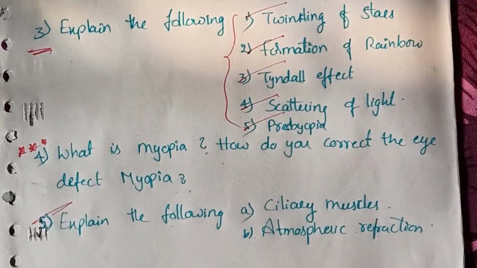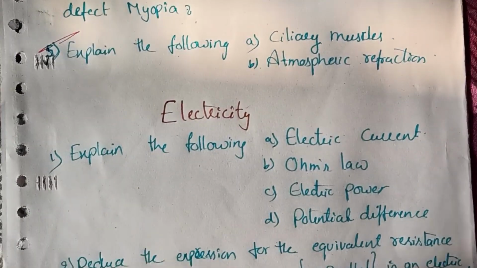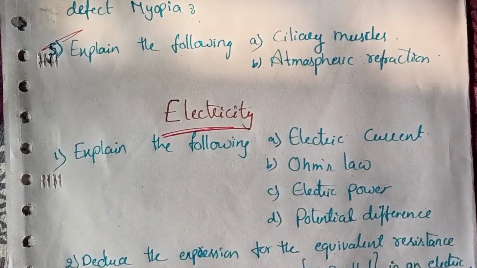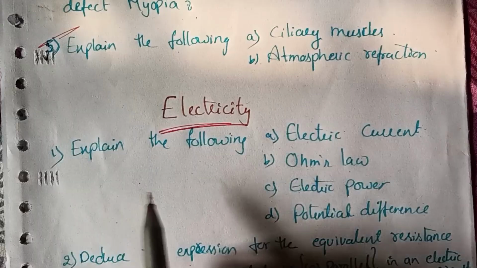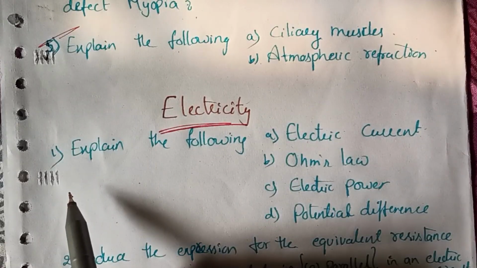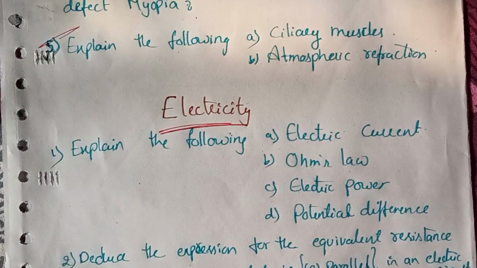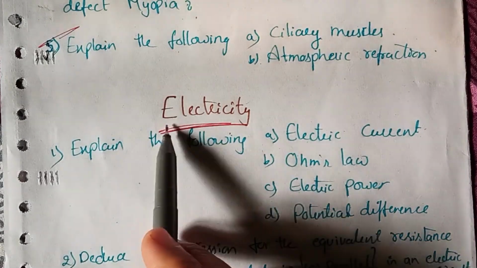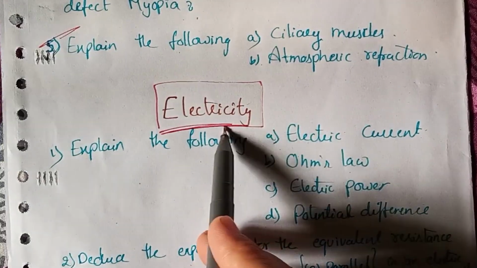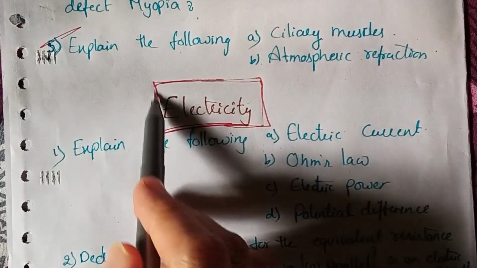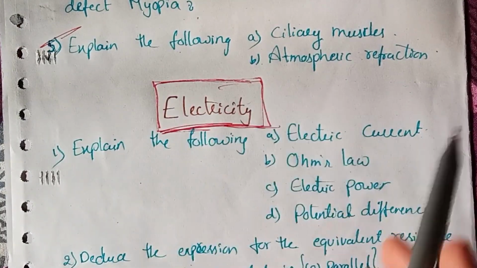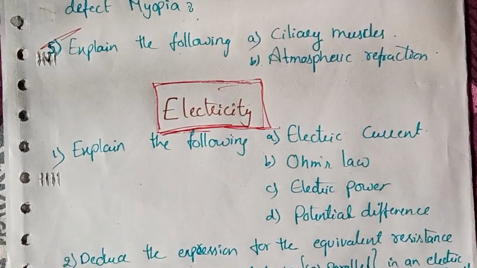Understood, guys? Now let's move on to the next chapter, that is electricity. This chapter is very important for 8 marks, for 2 marks, and for 1 mark also they will ask you what is the symbol of an electric circuit component, like that. This chapter is top most important for 8 marks, 1 mark, 4 marks and sometimes for 2 marks also.